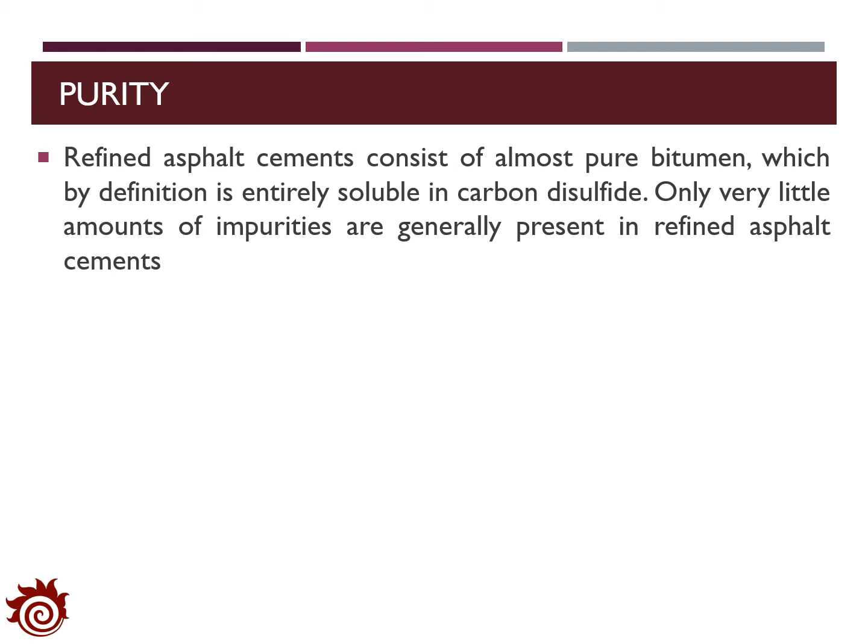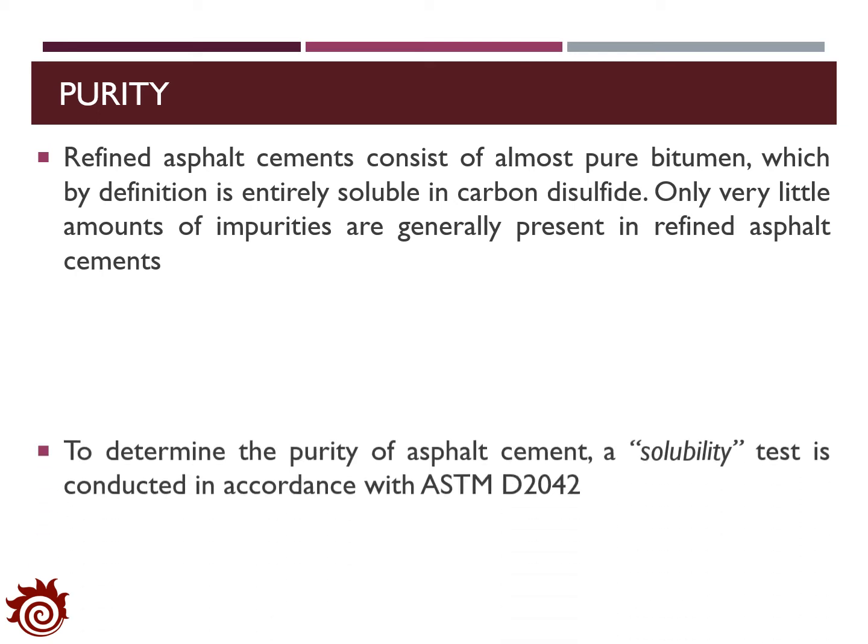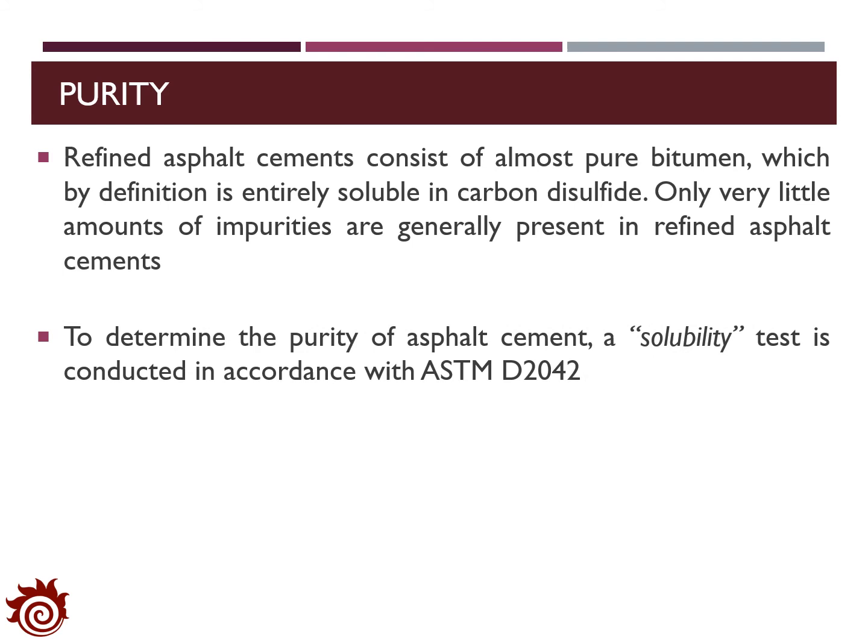With this kind of refinement, the refined asphalt cement will consist of almost pure bitumen, which by definition is entirely soluble in carbon disulfide, while we can only allow a very little amount of impurity in the refined asphalt cement. Usually, the purity of the asphalt cement can be determined by a solubility test, and the procedure of this test is defined in ASTM D2042.